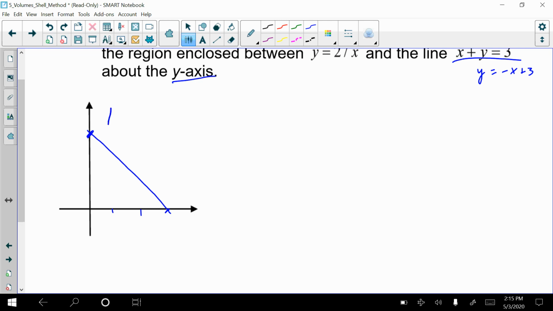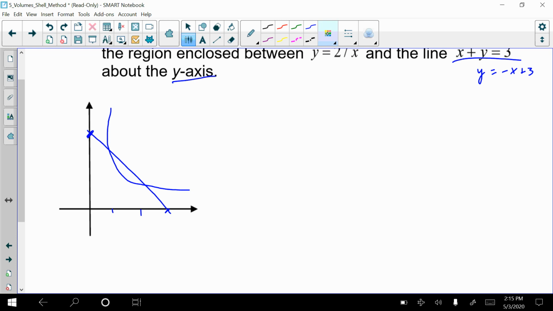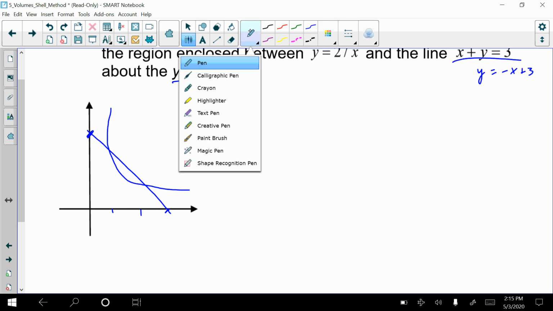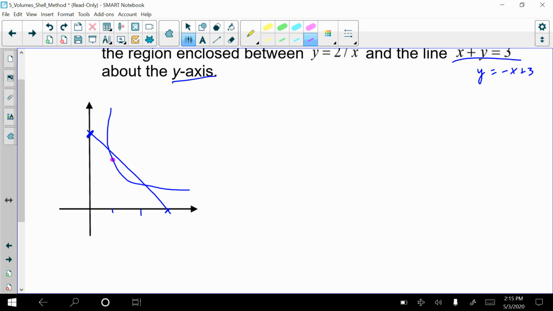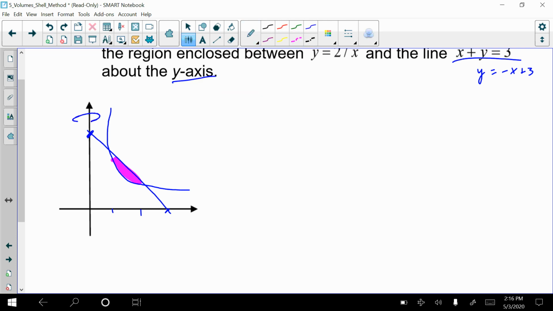It's going to come down like so and like so, something along those lines. The region that we're looking to work with here is just this little bit right here. This is the region that we're going to be spinning around the y-axis. So we're still going that way.